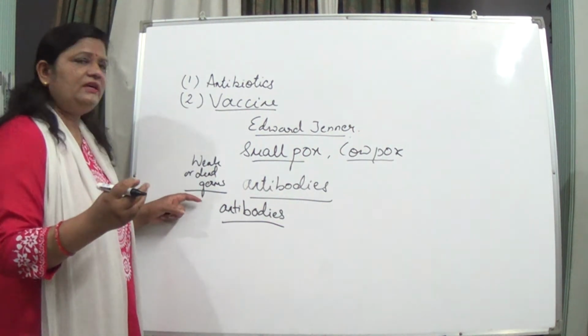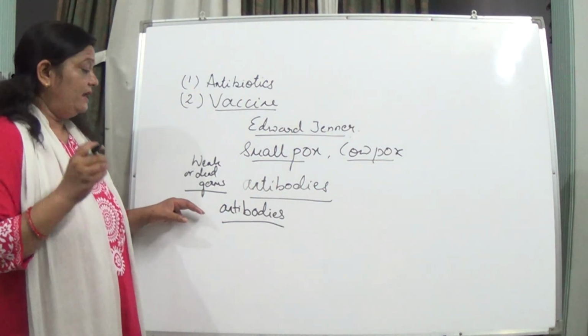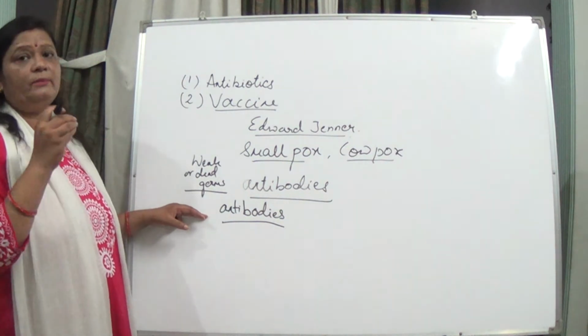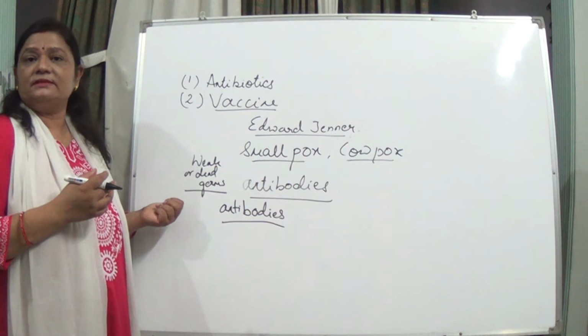As the vaccines consist of only weak germs, their multiplication is slow in our body. And as it is slow, the antibodies which are being produced by the body start working against these weak germs.